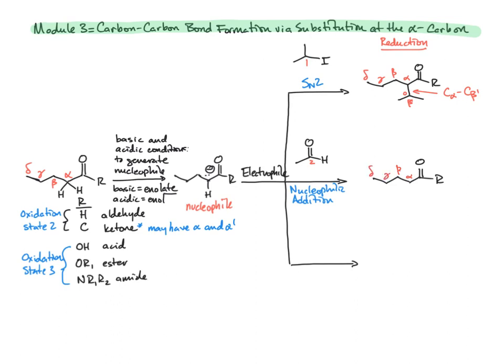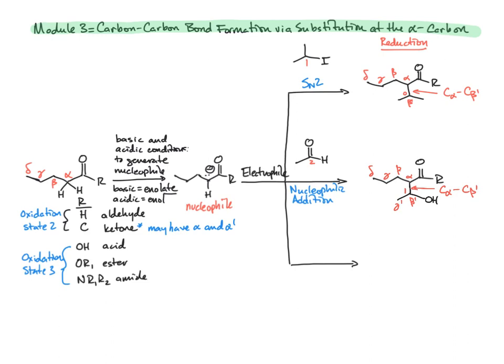Again, the new bond we are forming is here. The electrophile at oxidation state 2 becomes oxidation state 1. And we fill in the rest of that chain. So now we have beta prime and gamma prime. The carbon that was attacked now is at an oxidation state of 1. And again, this is the new bond that we just formed. So we've gone from oxidation state 2 to 1 using nucleophilic addition to the carbonyl.